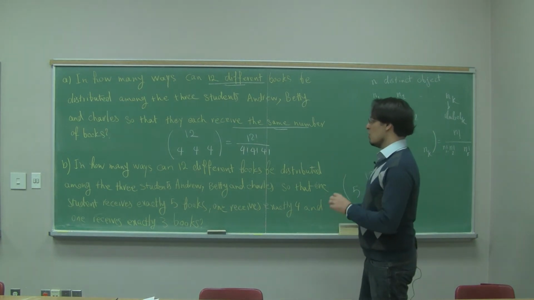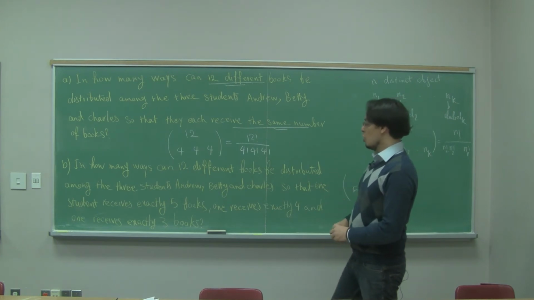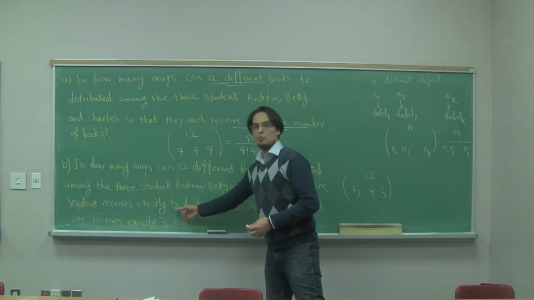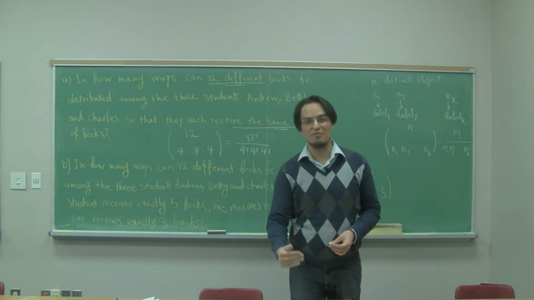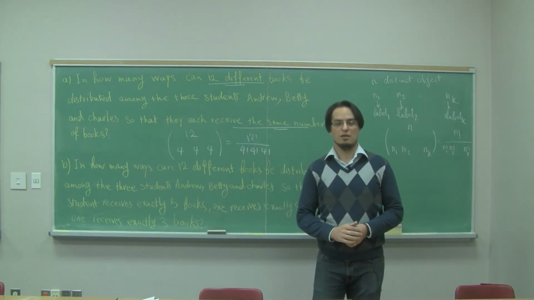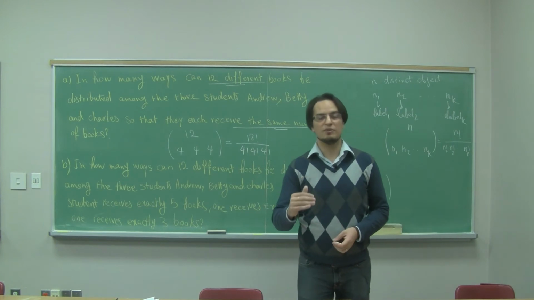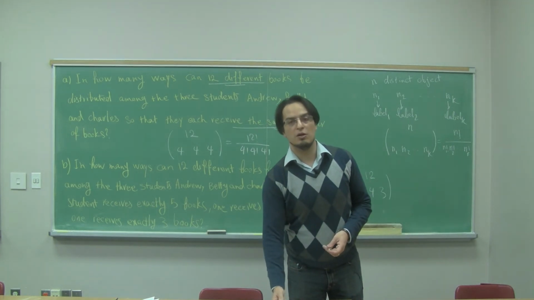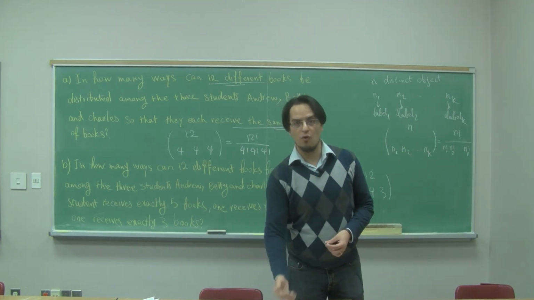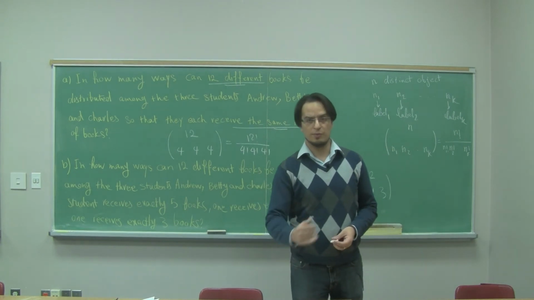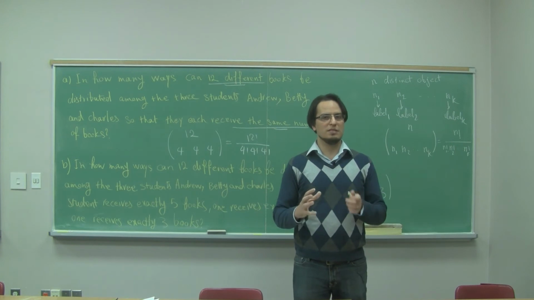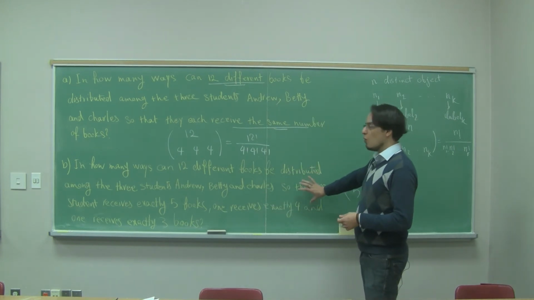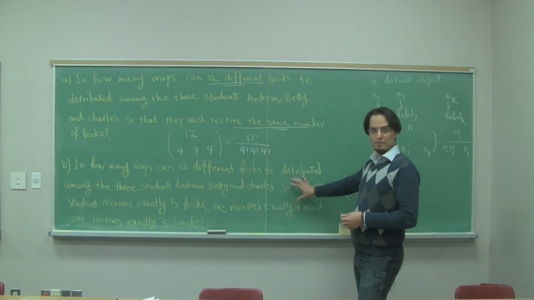But wait a minute. In the question, we don't know who is the one who's going to receive 5 books, and we don't know which one of these three is going to get 4 books and which one 3. So this is where you have to see that this is not only labeling.